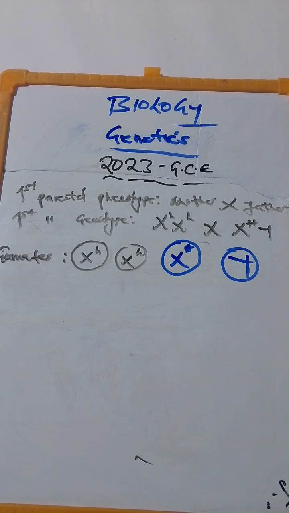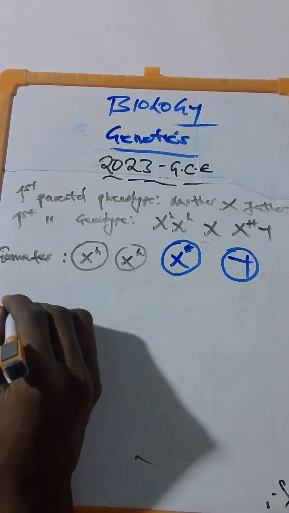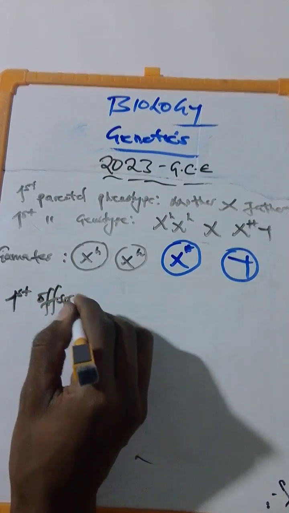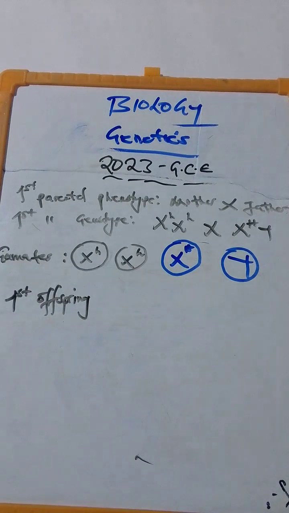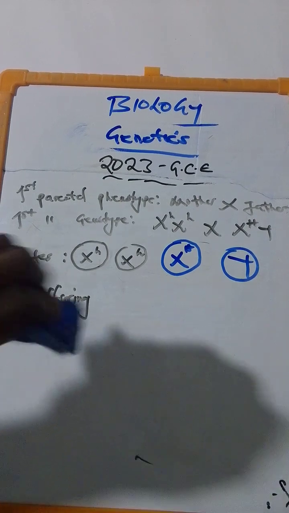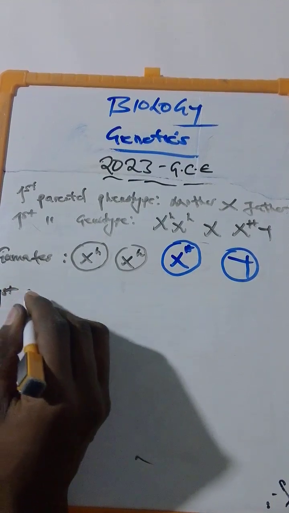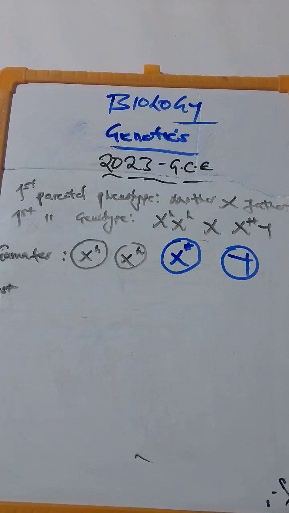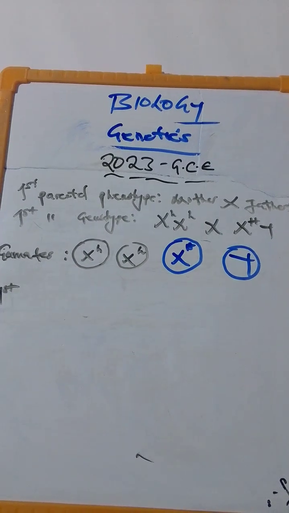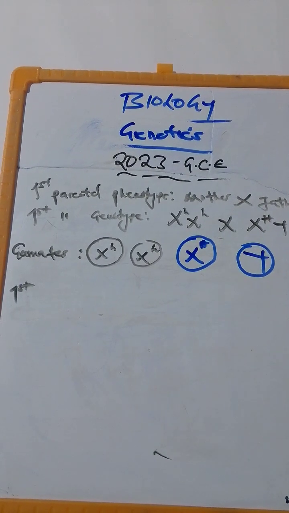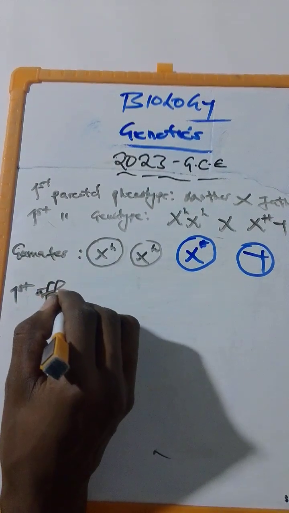Then from here, we'll put the offspring. So first offspring. Okay.